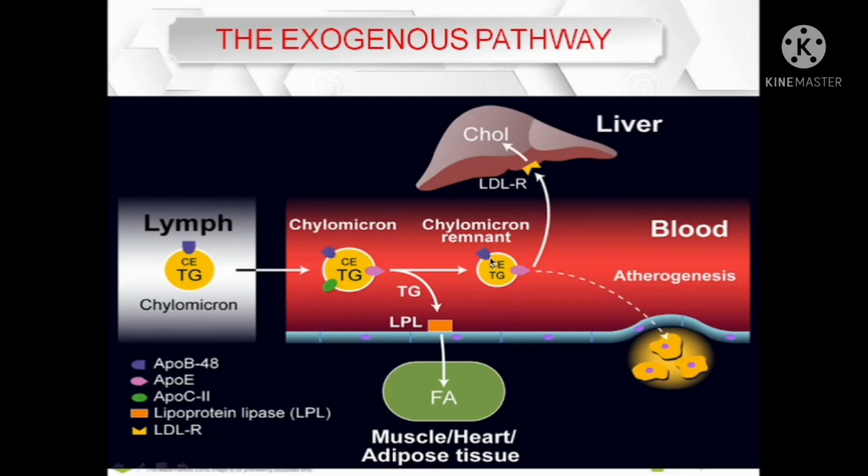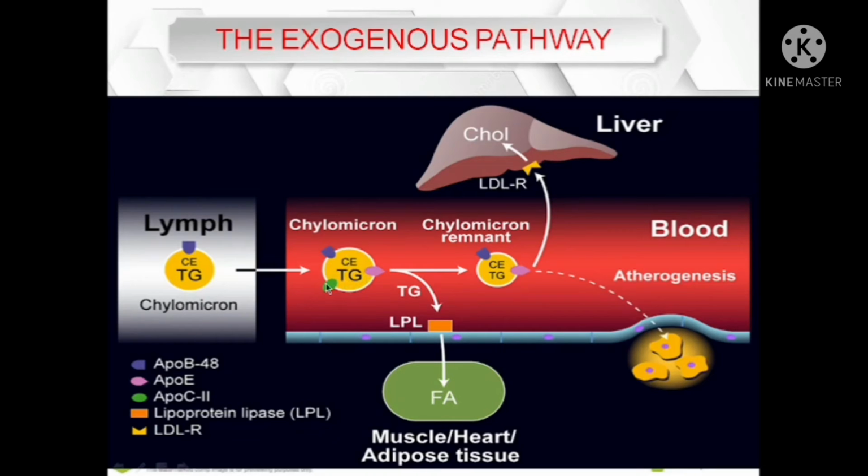So once chylomicron receives ApoC2 from HDL, this ApoC2 will stimulate the enzyme lipoprotein lipase, which is found on the capillary endothelial surfaces of the vessel, in the capillaries. So this ApoC2 functions to stimulate lipoprotein lipase. Now what will lipoprotein lipase do? It facilitates the breakdown of this triglyceride.